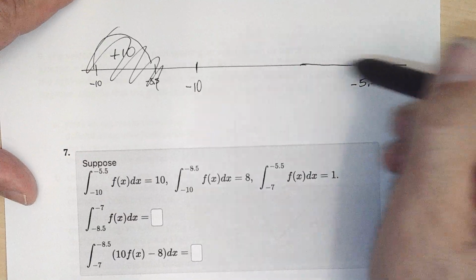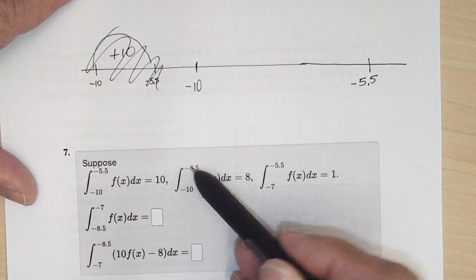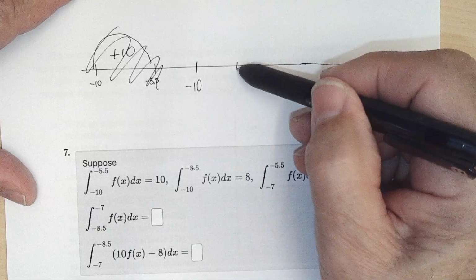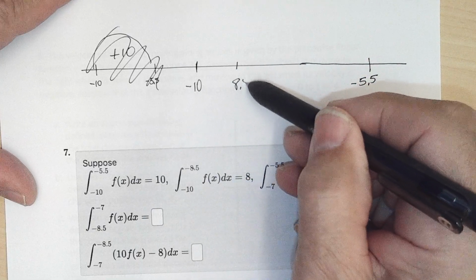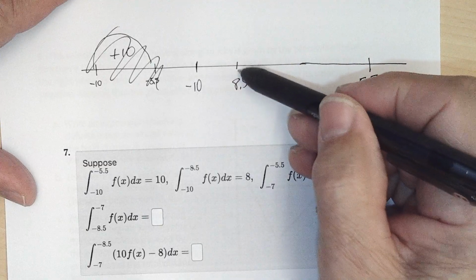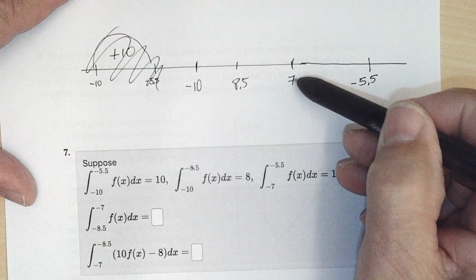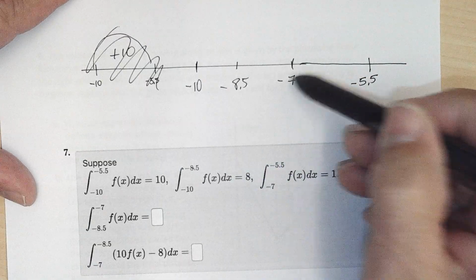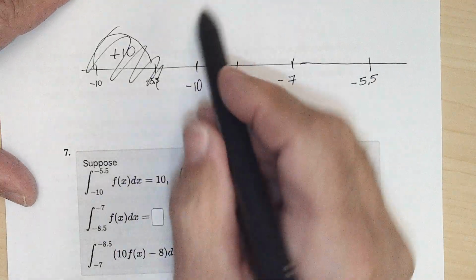And so we have -10 to -8.5, that's 1.5 over, and minus 8.5 to minus 7, that's 1.5 over. And then from minus 7 to minus 5.5, that's 1.5. So all of these should be equal widths.